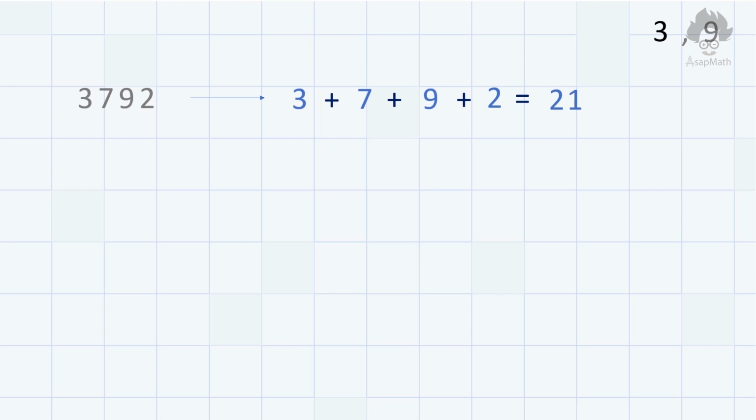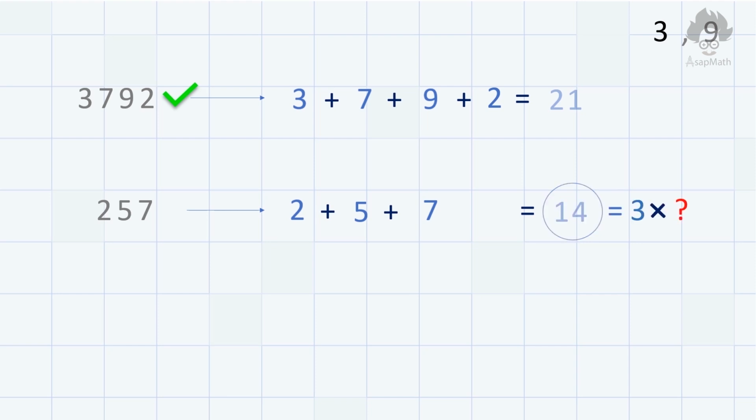Now we have to check whether this is divisible by 3. So it seems okay. In another example, the digit sum is not divisible by 3, so the whole number is not divisible by 3.